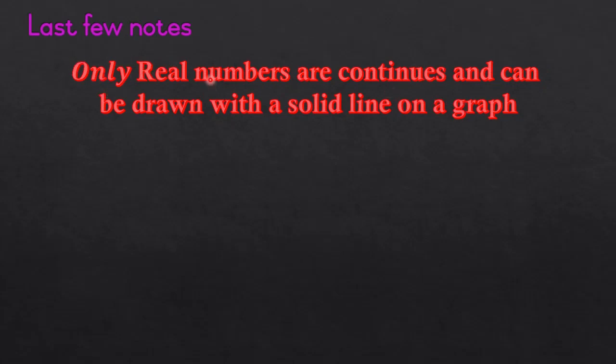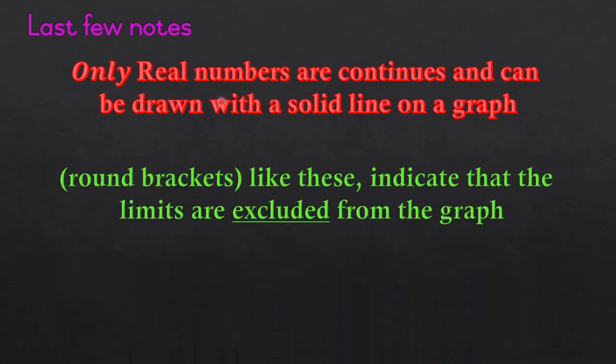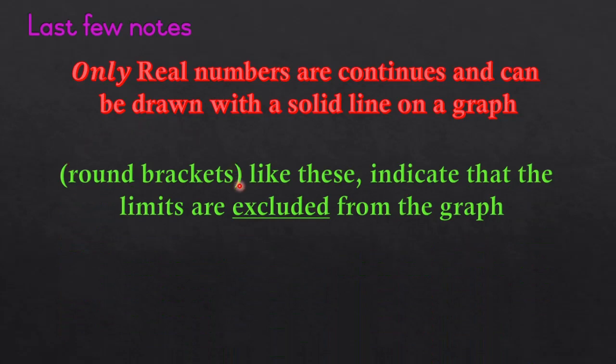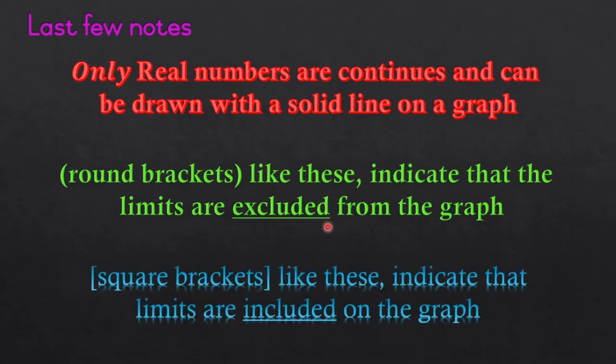Please remember that. Then we get two other sets of how our restrictions can look. The first one is round brackets like these, and they indicate that the limits are excluded from the graph. So just remember, round brackets means excluded from a graph. And then we have our square brackets like these, which indicate that limits are included on the graph.